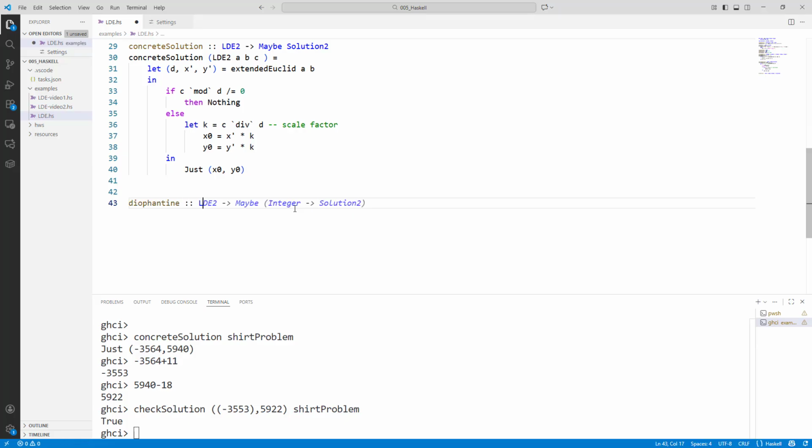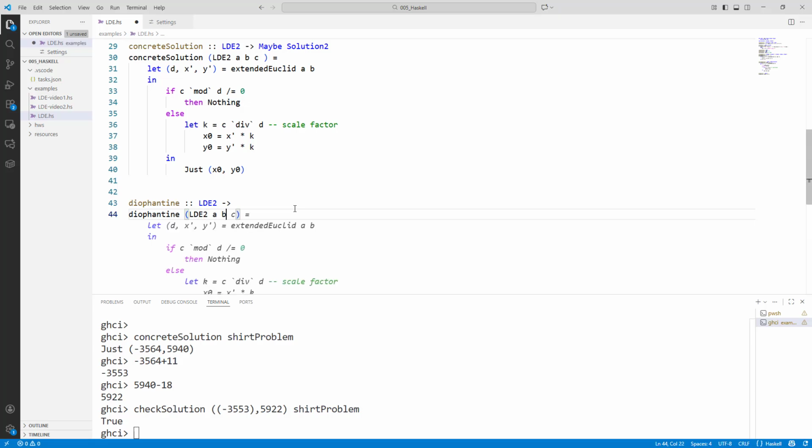So Diophantine LDE2 is a Diophantine LDE2 A, B, and C, and it's actually kind of a magic thing.